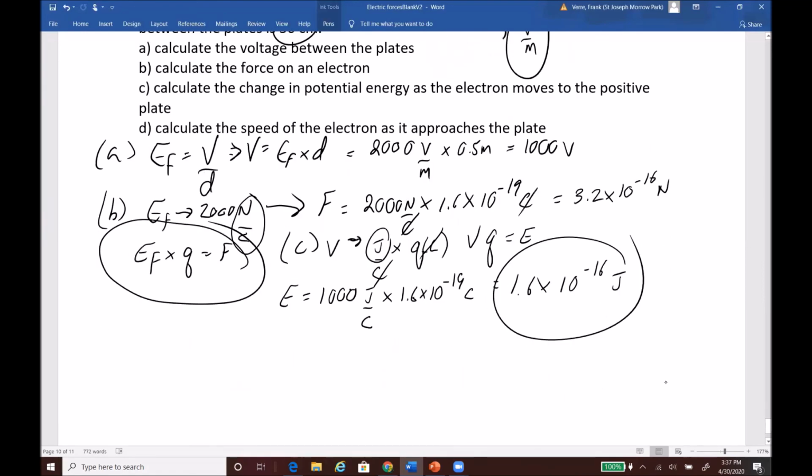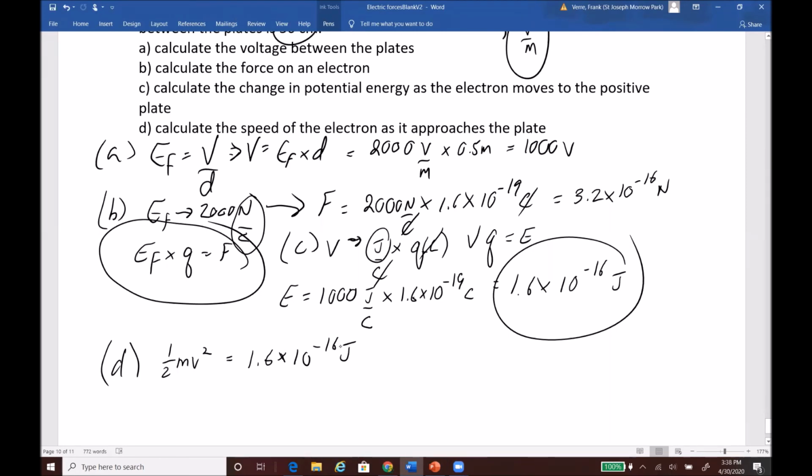So we're going to use that then to figure out the speed of the electron. If you recall, the kinetic energy is 1/2 mv squared, and that's going to equal the energy gained by the electron as it's heading towards the positive plate, which we calculated as 1.6 times 10 to the minus 16 joules.